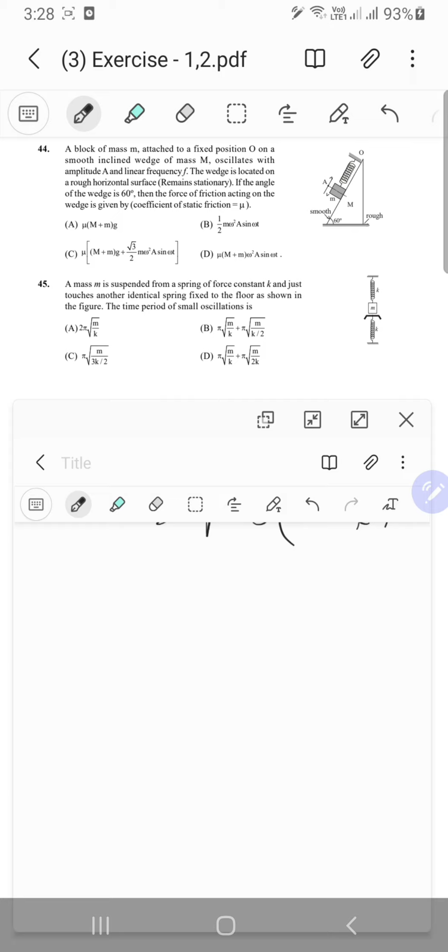It has to provide normal force to not let that go down. There's this force on this wedge as well. Since its static friction is given, that means that it must not be moving. Yeah, it remains stationary.